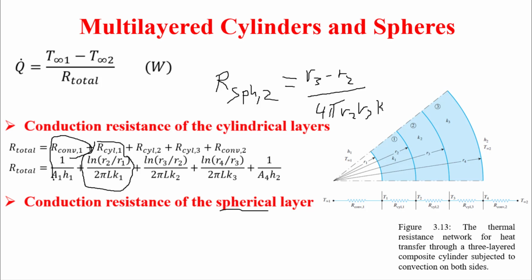R convection 1 remains the same, 1 over area 1 times H1, but the only difference is the area. Okay, what is the perpendicular area to the heat flow for the spherical case? I think I explained it before, so please go back and check.